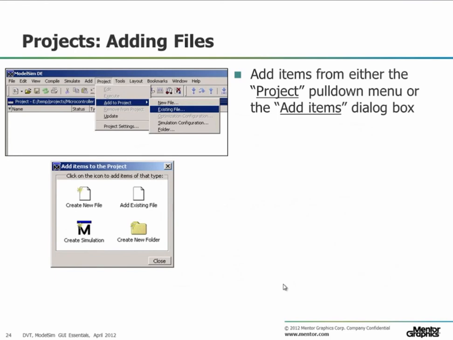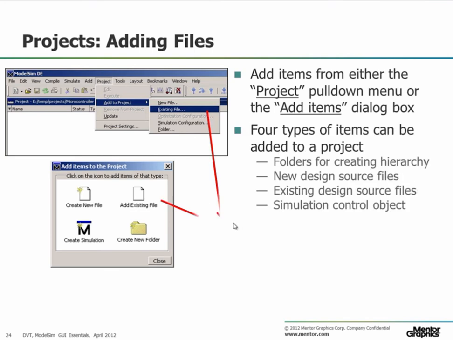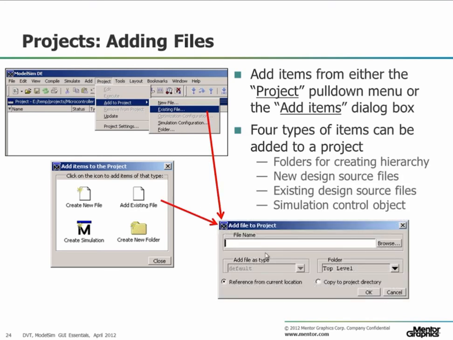So once you've created a project, now it's an empty project, and I can either create some new files, or I might want to add existing files. You can do that either from the project, add to project, or when you first started the project, it will bring up this add to project menu, so you can add existing files, let's say. So I click add existing files.